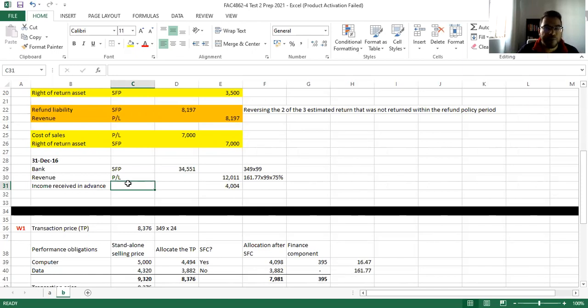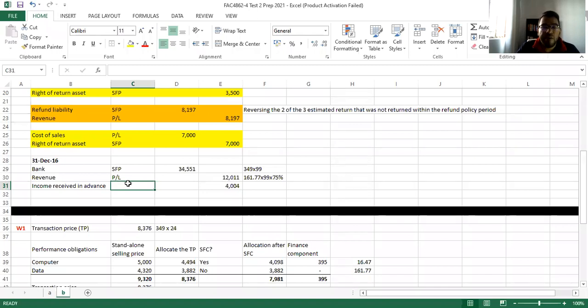But December's data can be used in December and January. Therefore, we can only recognize December's data to the extent that they have used December's data. They've used only 75% of December's data.